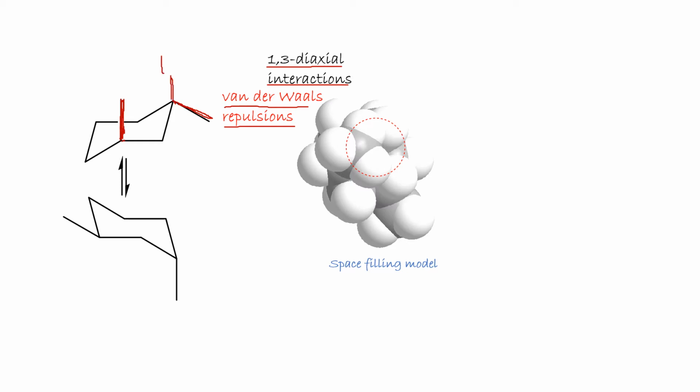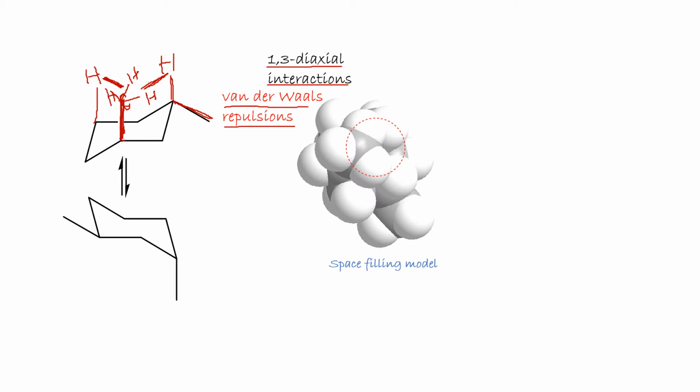Here is hydrogen, and this is hydrogen, H, H, H. This is a methyl group. As you can see now, there is 1,3 diaxial, 1,3 diaxial, two of them.